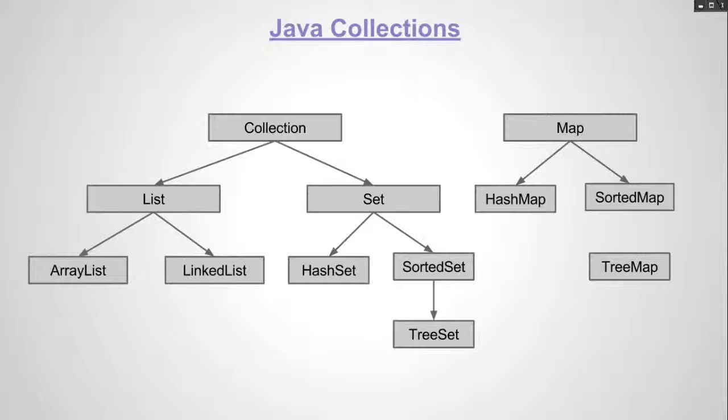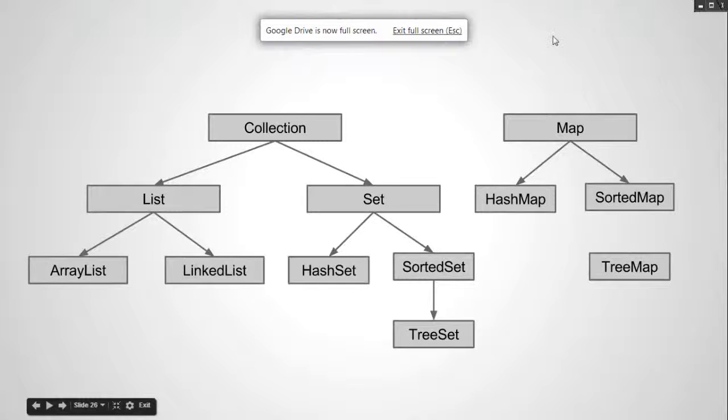Similarly, set has the subclass hash set and the sub-interface sorted set, which has the implementation called tree set. Tree set will store the elements in a sorted order. So if you want to access the elements in a sorted order, we will go with tree set.